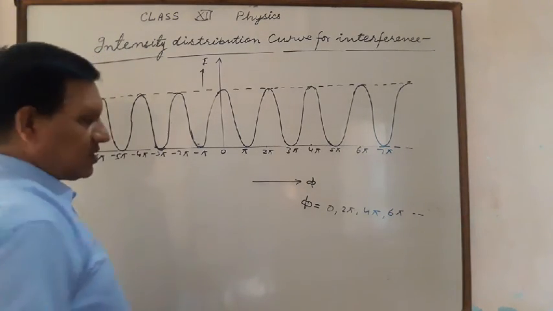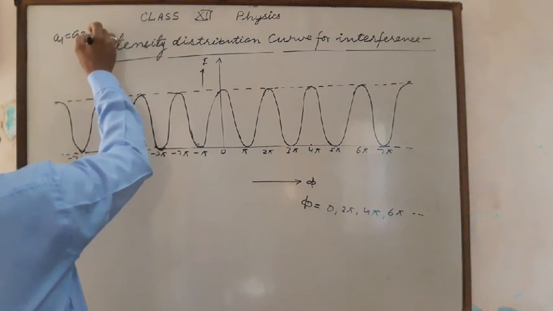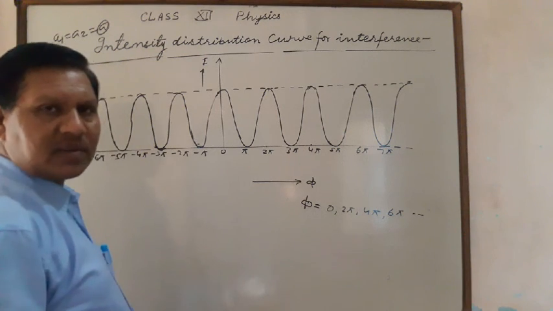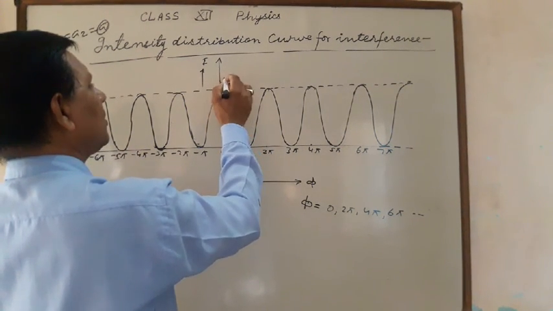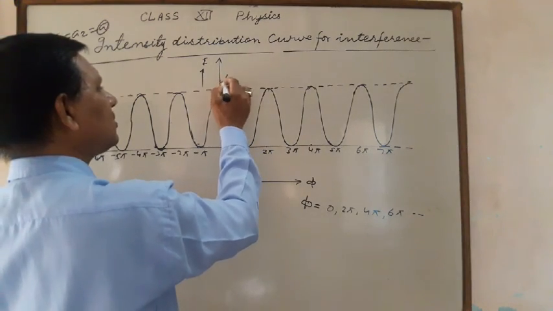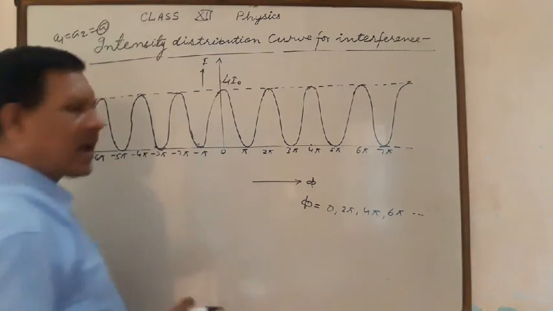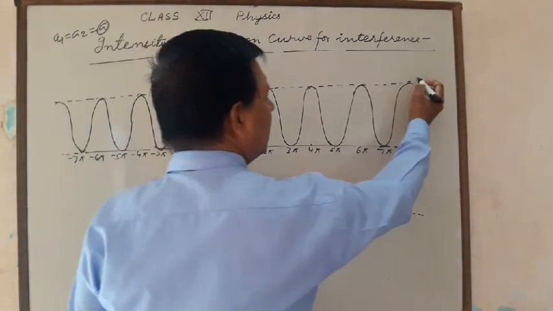If we consider that the amplitude of both waves is the same, then the intensity is also the same. So intensity at some points becomes maximum, that is 4 I naught, and intensity at some points becomes 0.